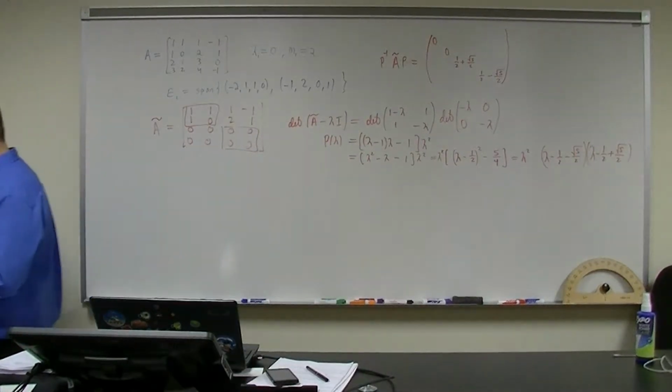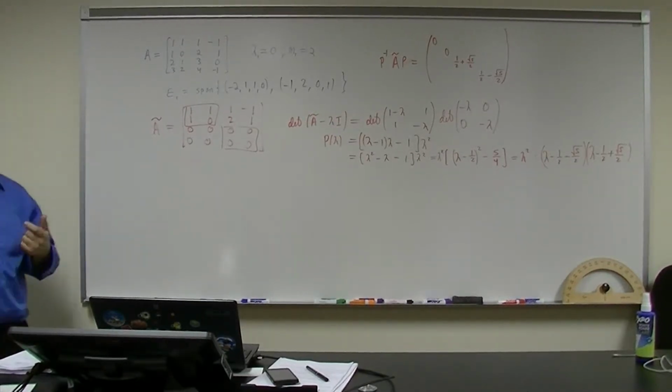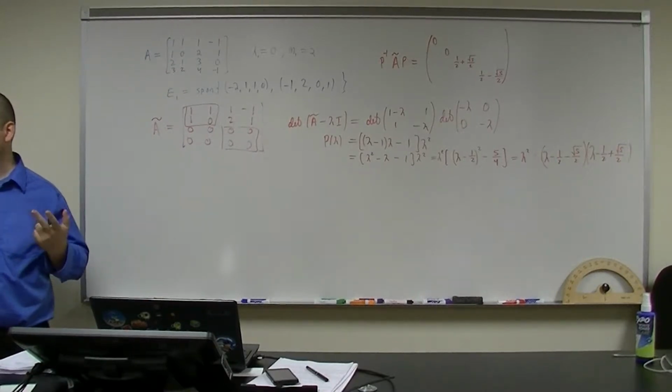How did you know it was diagonalizable? At one point you said, oh, well now we know that it's diagonalizable. What told you that? Oh, okay, so for each distinct eigenvalue, you get at least one eigenvector. So once I find that 1/2 plus or minus the square root of 5 over 2 are eigenvalues, I know I've got two eigenvectors for now.